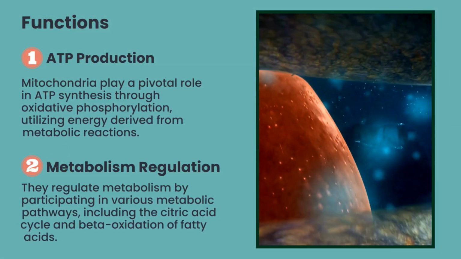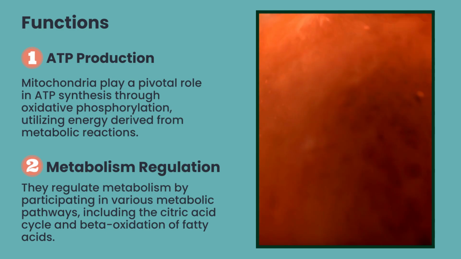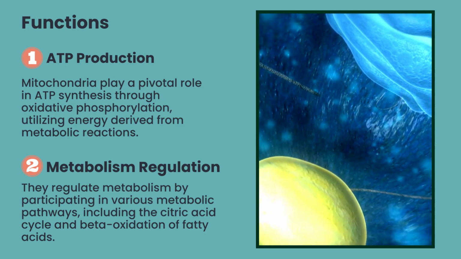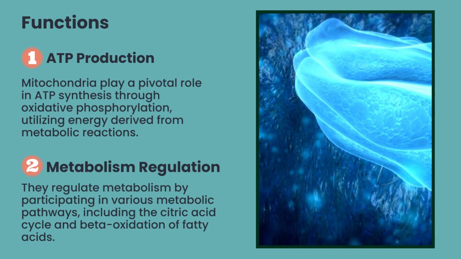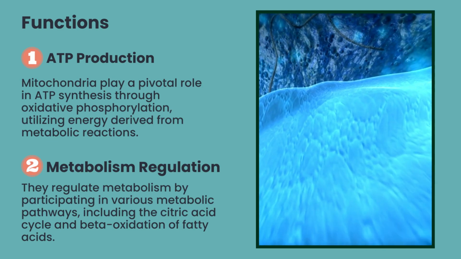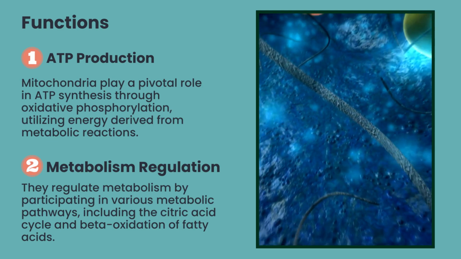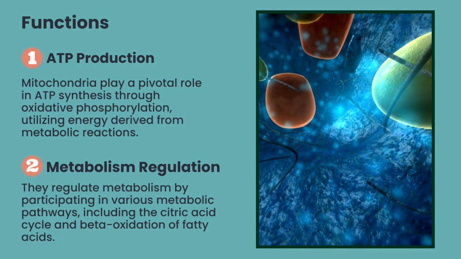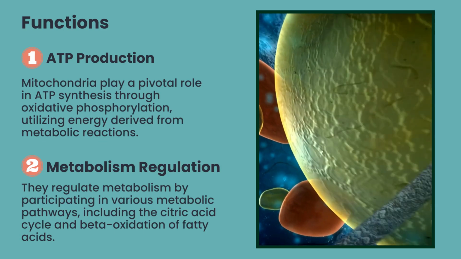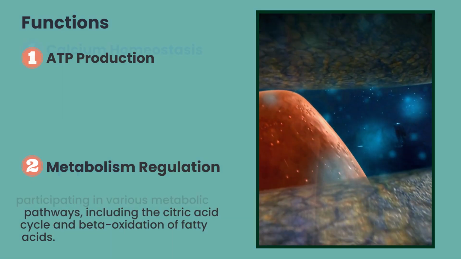There are several functions of mitochondria, including ATP production and metabolism regulation. Mitochondria play a pivotal role in ATP synthesis through oxidative phosphorylation, utilizing energy derived from metabolic reactions, and regulate metabolism by participating in various metabolic pathways, including the citric acid cycle and beta-oxidation of fatty acids.